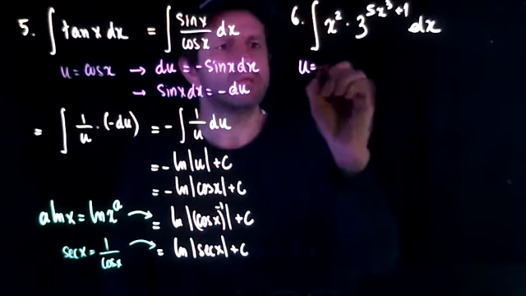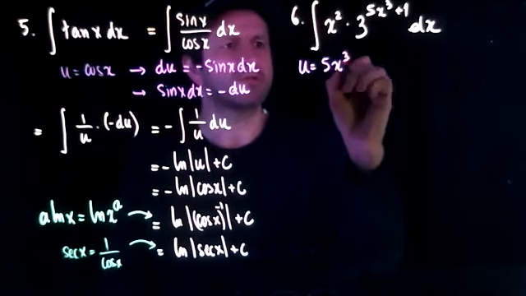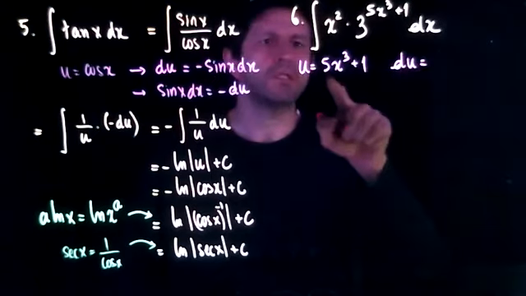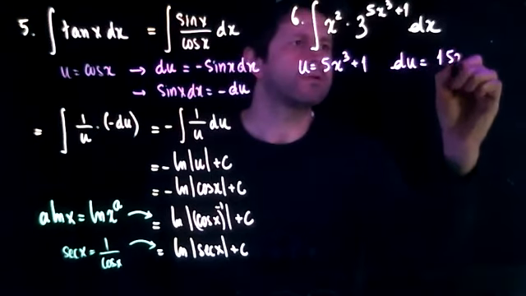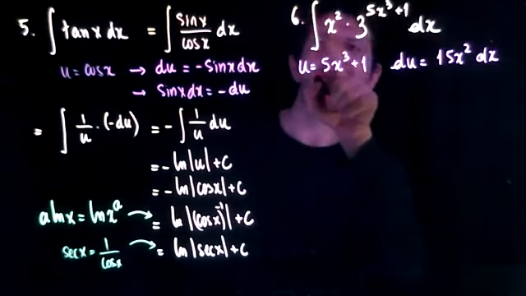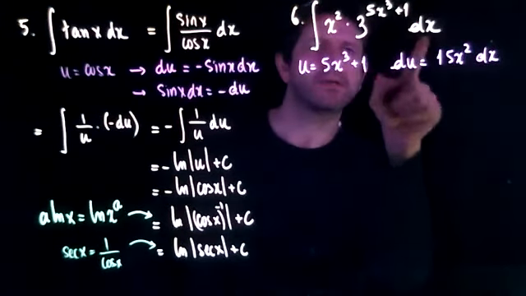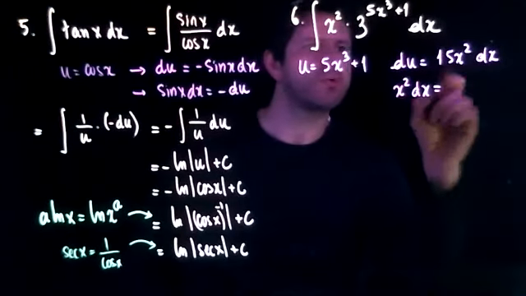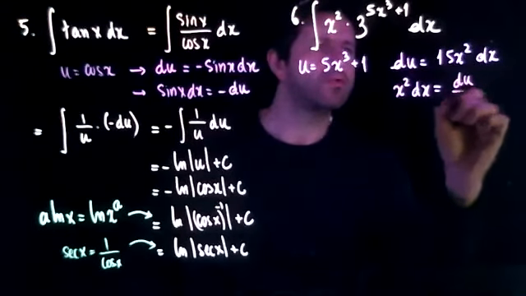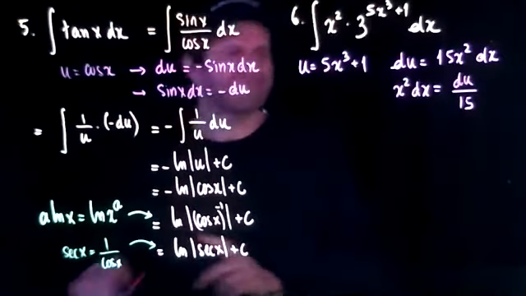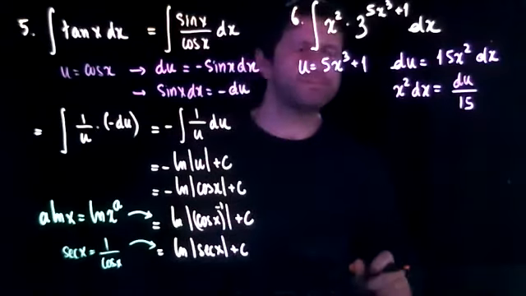So u is 5x cubed plus 1. So du is 15x squared dx, and therefore x squared dx is equal to du over 15. Okay?